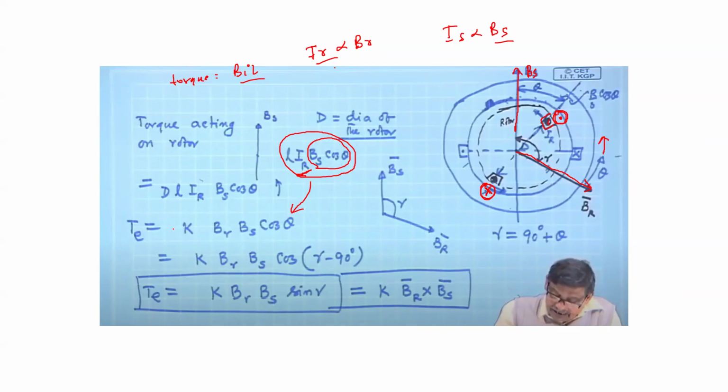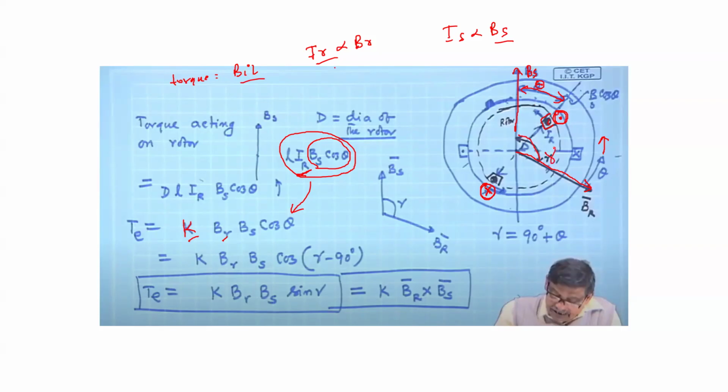So let us say that we have some constant k, the constant of proportionality, so the torque is k into BR BS cos theta. But what is this theta? Let us say that the angle difference between BS and BR is gamma.